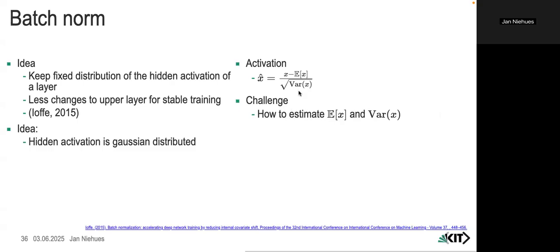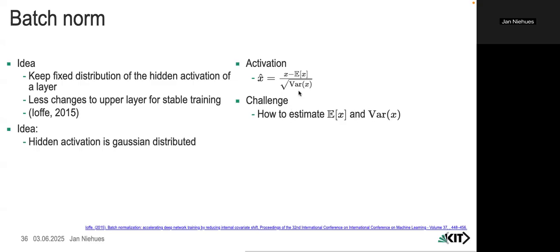Then it will have an expectation value of 0 and a variance of 1, so it somehow always behaves the same. Of course, depending on the input it's still different, but we ensure it doesn't change from a neuron which is always 1 to a neuron which is always 0, so that we would have to learn something completely different. So the idea is to make things more stable in that way.